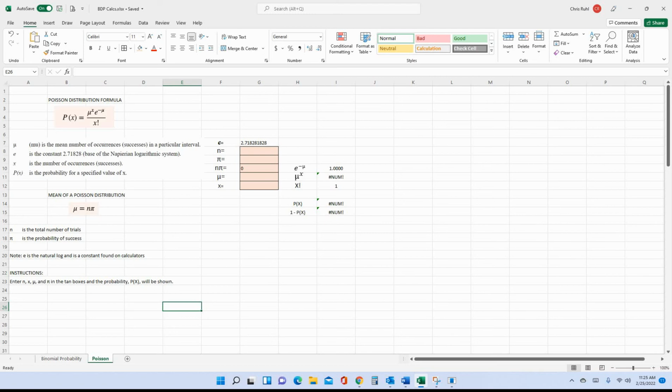Oh, before I go on, page 170, there's an error, a printing error. It gives you the mean of a binomial distribution as mu equals n times pi. It's formula 6-4 on page 170.